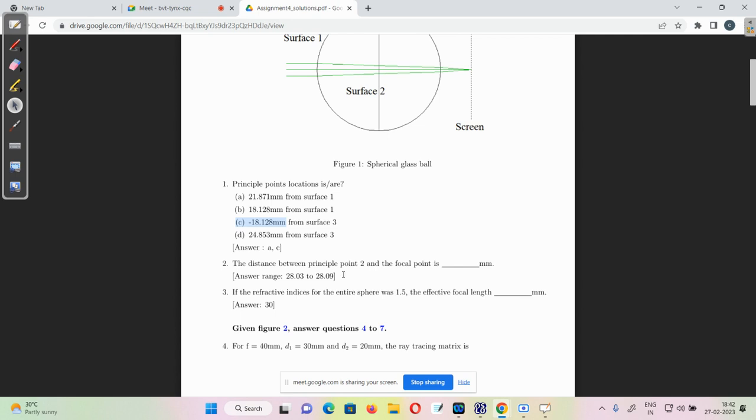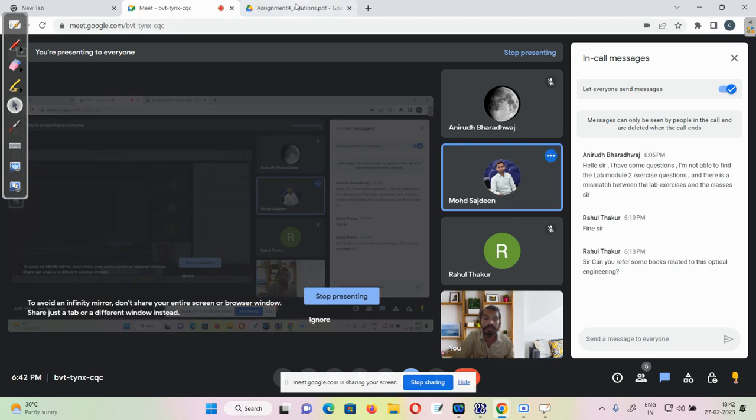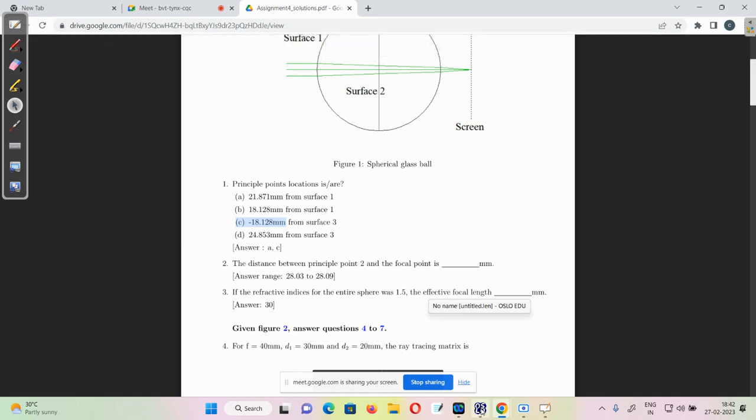Got it? Excuse me, sir. Here the object distance is 100, we take 100 centimeter, right? Yes. Sir, if we take a different value like 200 or 300, then will the value be the same or change?